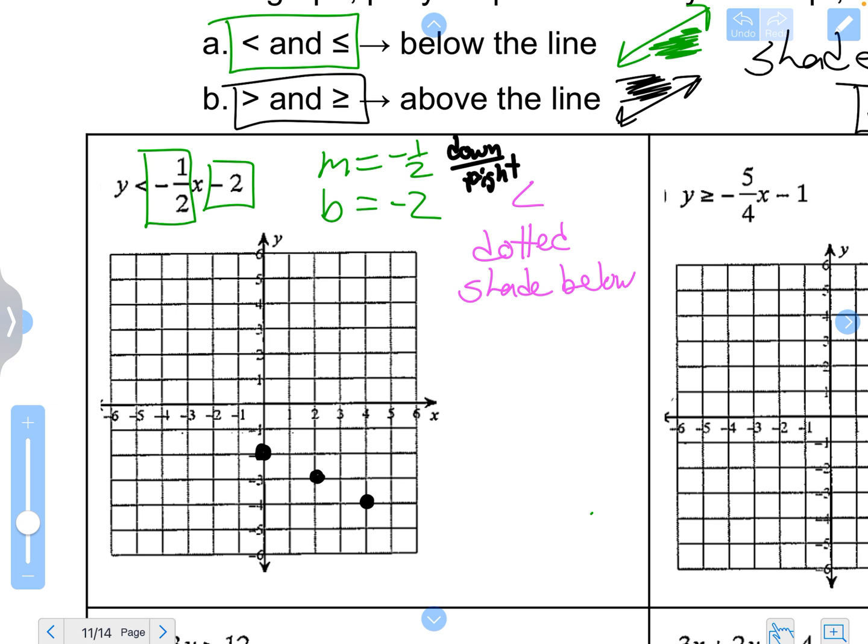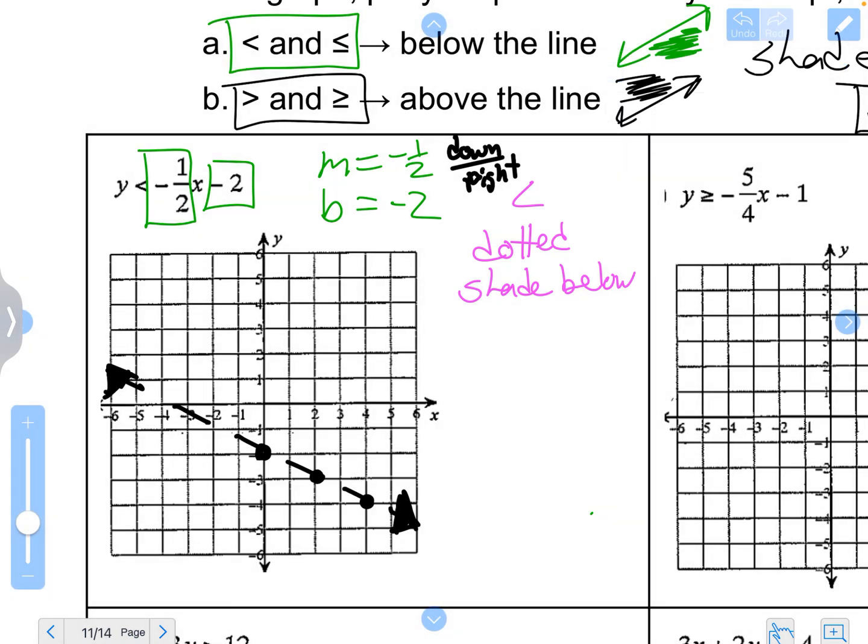So now I'm going to get my straight line out, and instead of drawing a solid line, I'm going to draw a dotted line along that straight edge. So dot, dot, dot, dot, dot, dot. And so that's what we mean right there by a dotted line. And again, the dotted line symbolizes that any point on the line cannot be a solution.